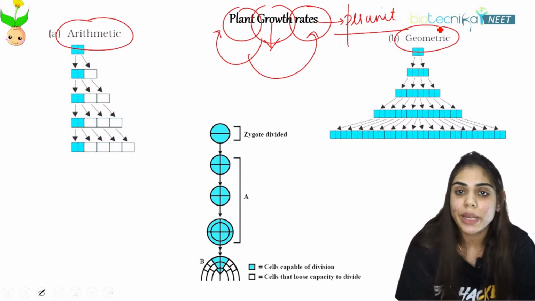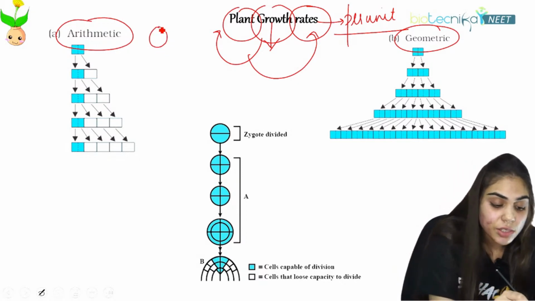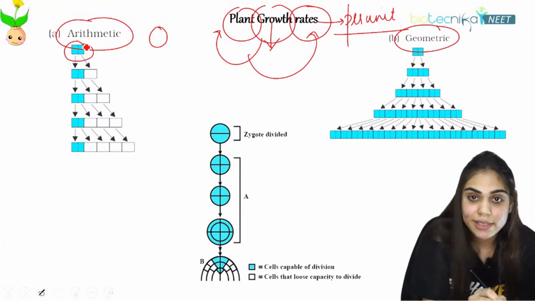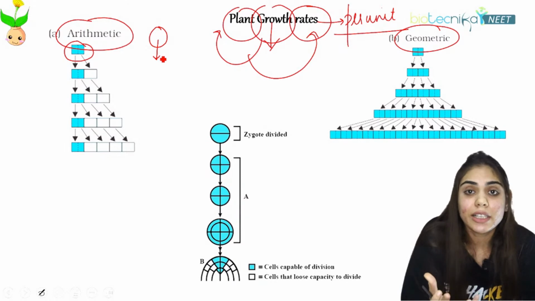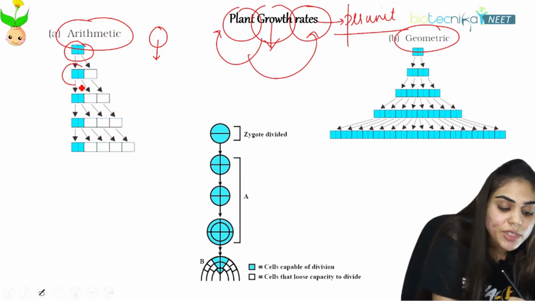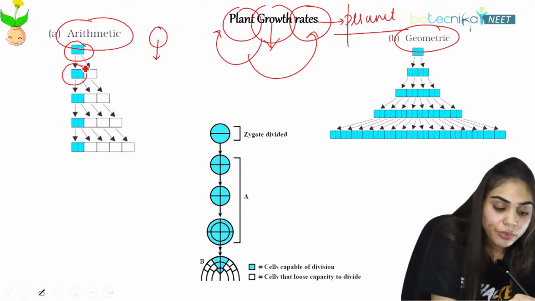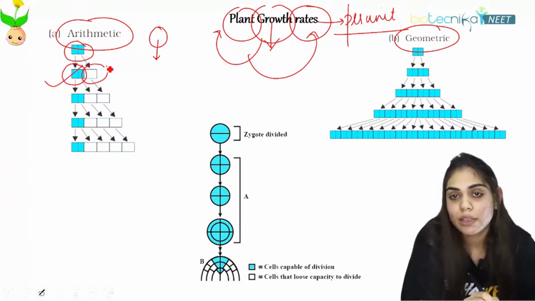Now what is arithmetic plant growth rate? Here the cell, that is a dividing cell. So you can see here this is a dividing cell. It undergoes mitosis, that is cell division. When it undergoes cell division, it will form a cell similar to itself. It will form one daughter cell, and at the same time one differentiated cell will be formed.